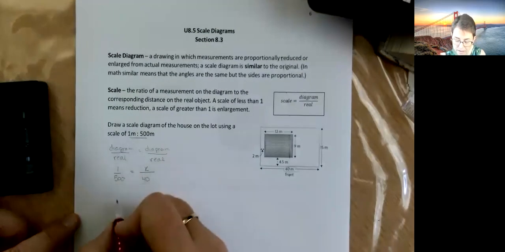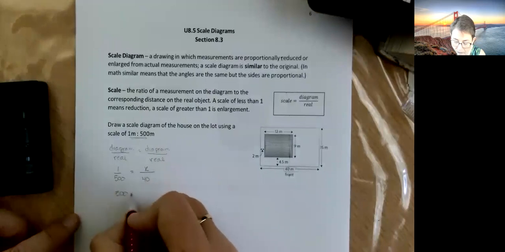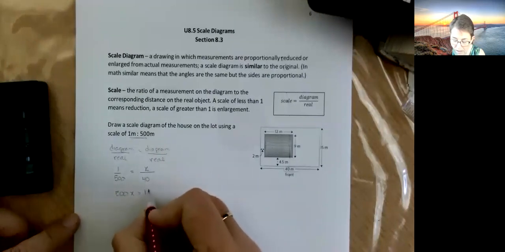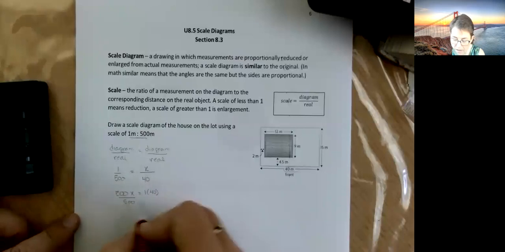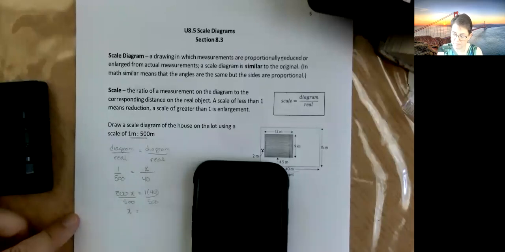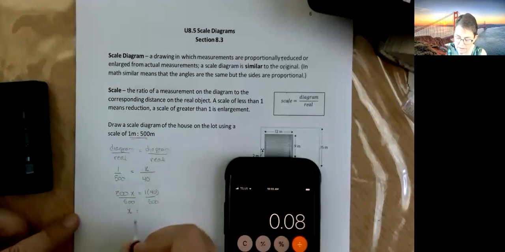So 500x is equal to 1 times 40. Divided by 500 equals 0.08.